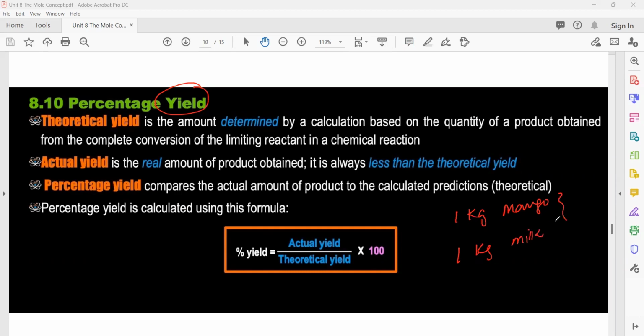Now make me the mango shake. I mix them in the blender. So normally 1 kg mango, 1 kg milk. So what is total? 2 kg. What do you think? The shake which I will get, will it be 2 kg or less? Tell me.